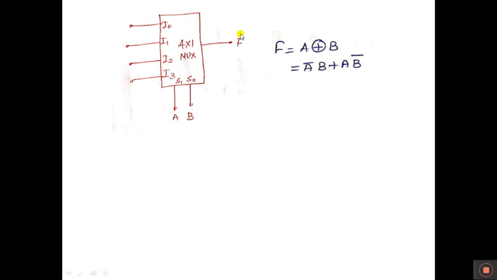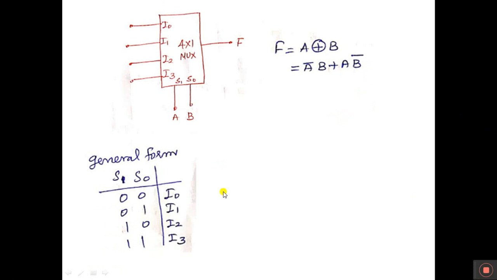So in the given structure, the output equation is F equal to A XOR B. If we expand, we will get A bar B plus A B bar. You know the general format of a 4x1 multiplexer, S1, S0 are selection lines. So this is a 4x1 multiplexer.